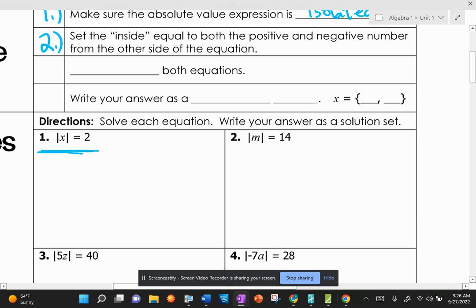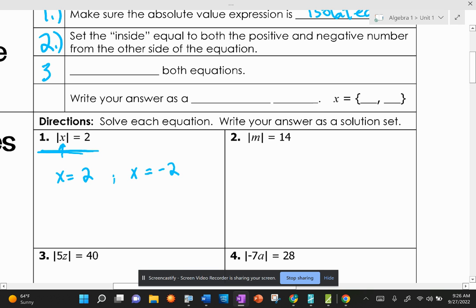When it says set the inside, they're saying everything inside of the absolute value symbol, you're going to set it equal to everything over on the other side. So I would set this equal to x equals 2, but I'm also going to set it equal to the negative version, so x equals negative 2.